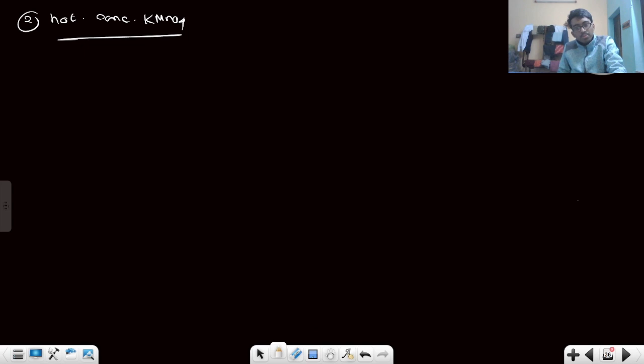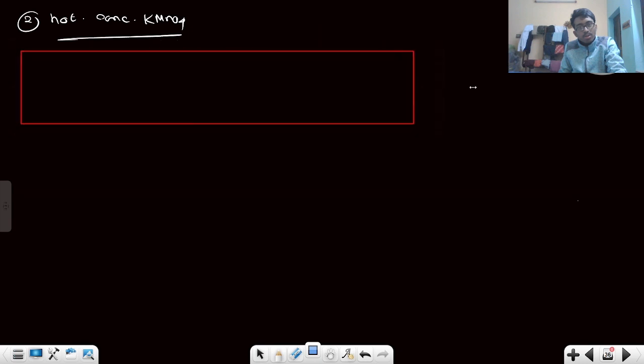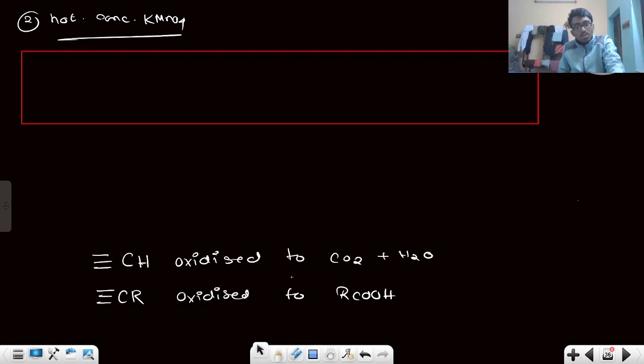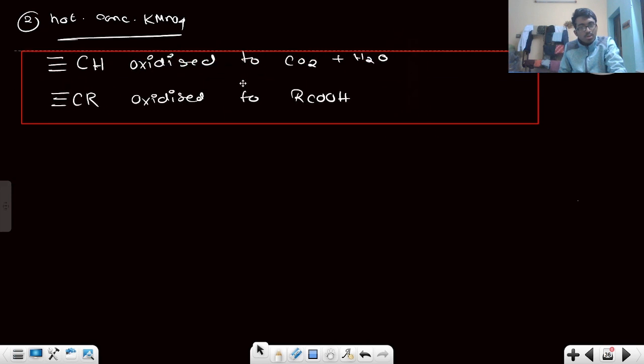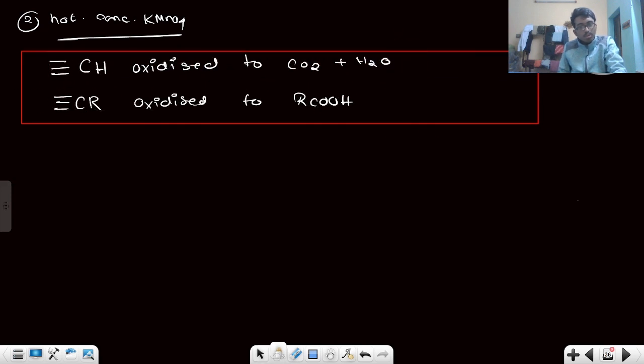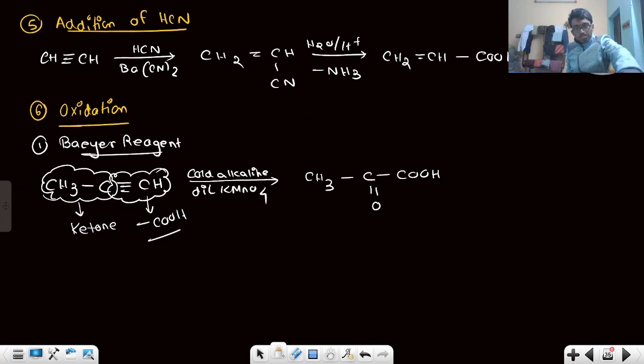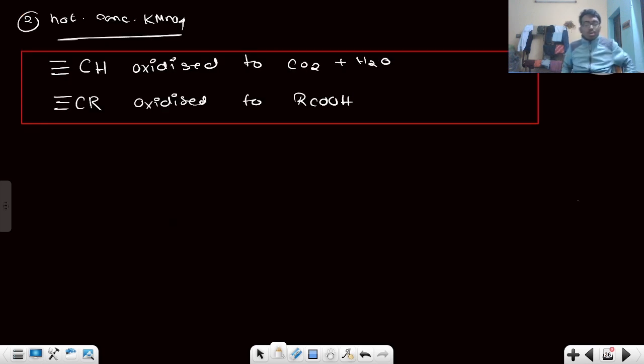Here you need to remember this thing. Triple bond carbon oxidized to CO2 and water: not in this case. Even I made that mistake, but it's not that case. That applies in the case of cold dilute alkaline KMnO4, and this case is different.